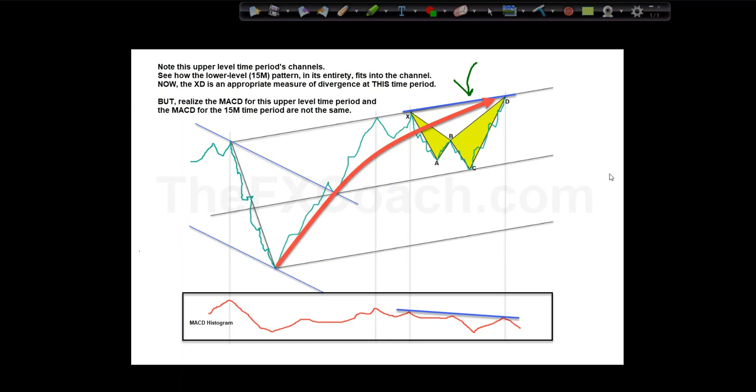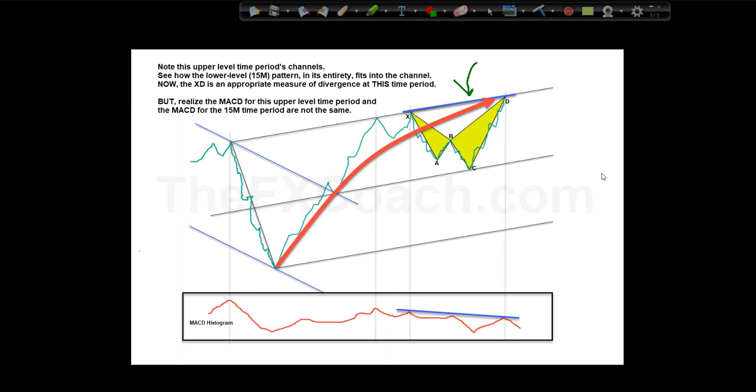So here's where you'll get the proper measure and relationship between the XD move and your measure of divergence, in this case, your MACD. Now, someone can say, well, if it's really going to reverse the big wave, if I measure XD at the smaller level, at the 15-minute level, it should still be indicative of a reversal.